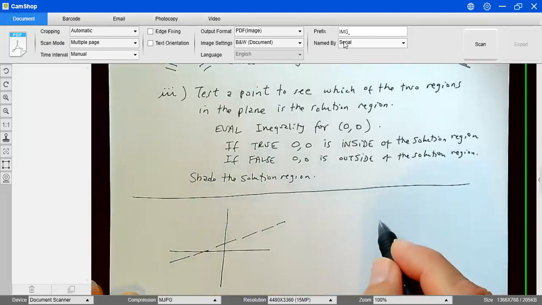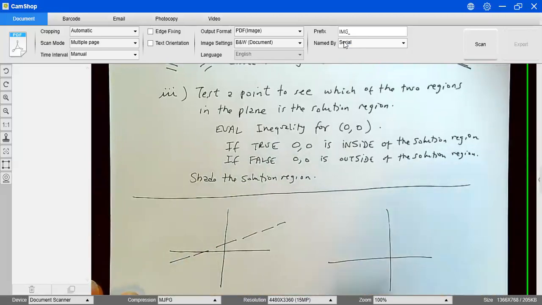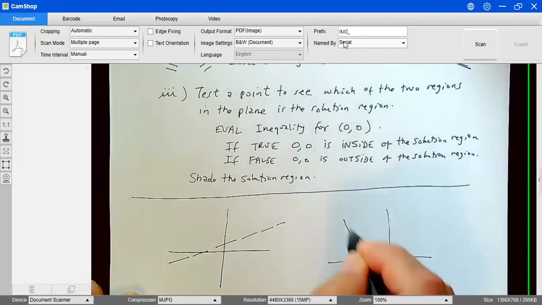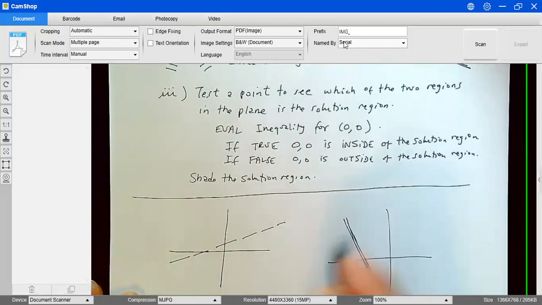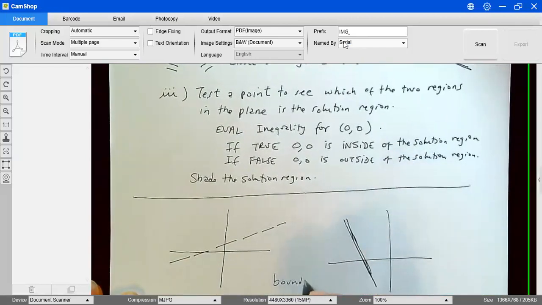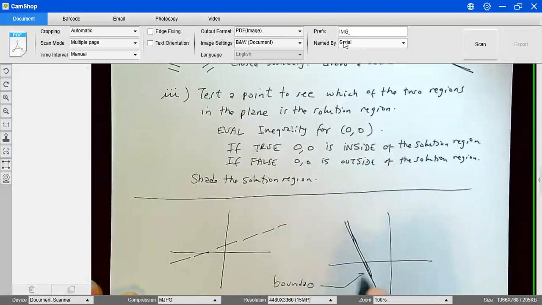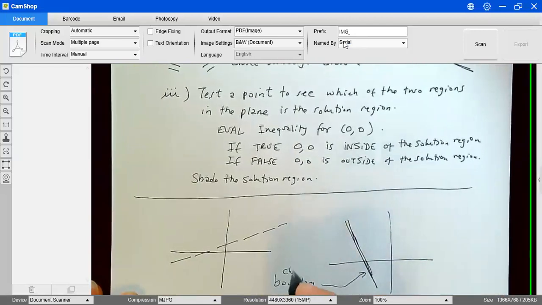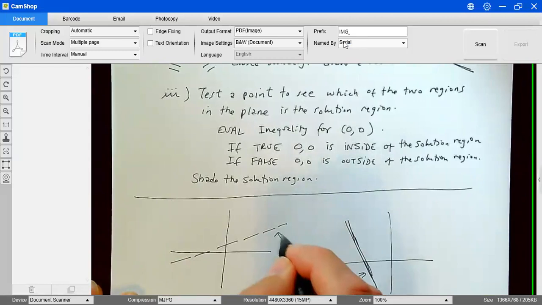So the same thing here. We have our Cartesian coordinate system, and let's say that now we have this solid line as the boundary. This is a closed boundary. This is an open boundary.